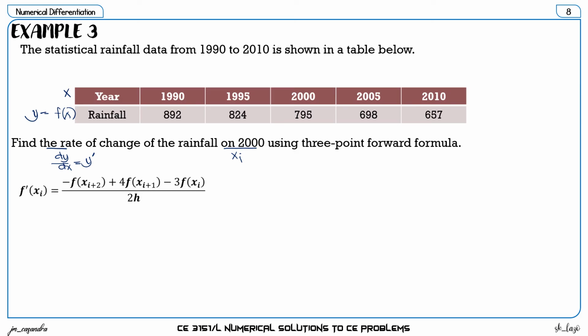So we will need the following values. To solve, we have f prime of xi, year 2000, equal to negative the function of xi plus 2. So this is xi, we have xi plus 1, then xi plus 2.